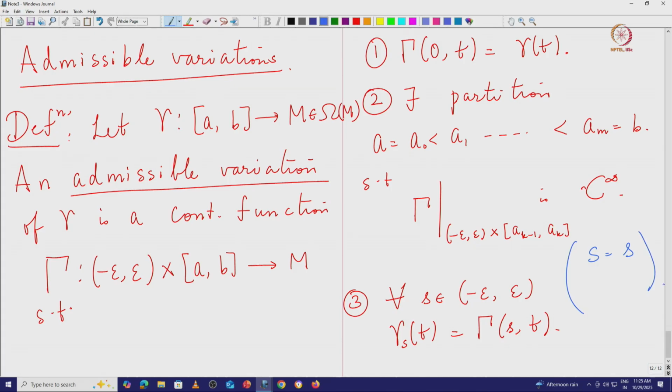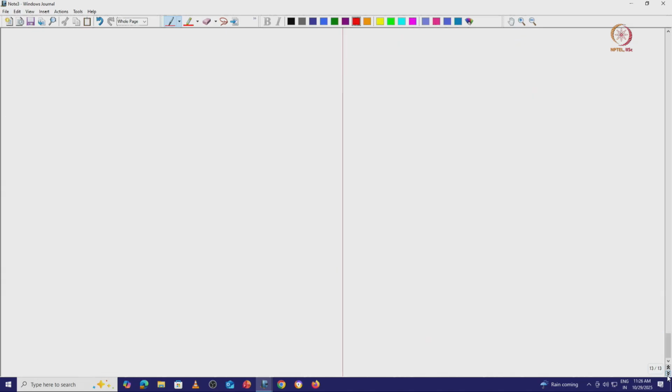Sometimes I will write cursive and sometimes not, so in the future you should not be confused, these two are the same things. Okay. All right. So for all s in minus epsilon to epsilon, I want this to be a regular curve. So if you have a capital gamma satisfying all these conditions, it is called an admissible variation.